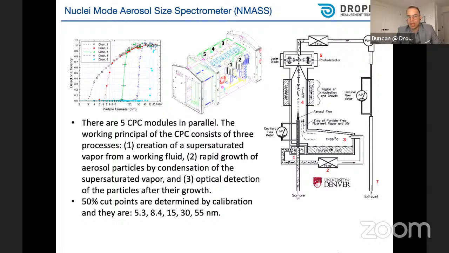So I can't answer why the aerosols form in this mixing layer. I have some hypotheses that I've written up in my thesis actually, but this is not well understood.